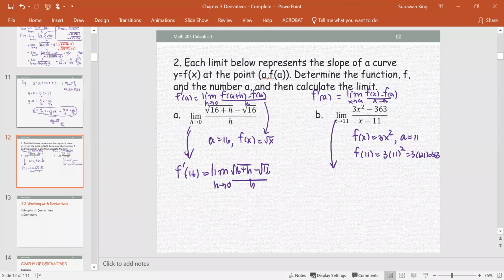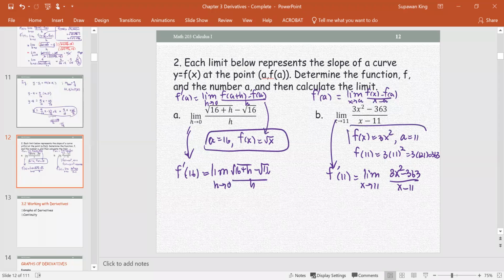And in part B, we are going to find the limit, the derivative of the function at 11 in the limit definition form, or the limit of 3x squared minus 363 divided by x minus 11. For each part, we found a and f of x. Next, we're going to calculate the limit.